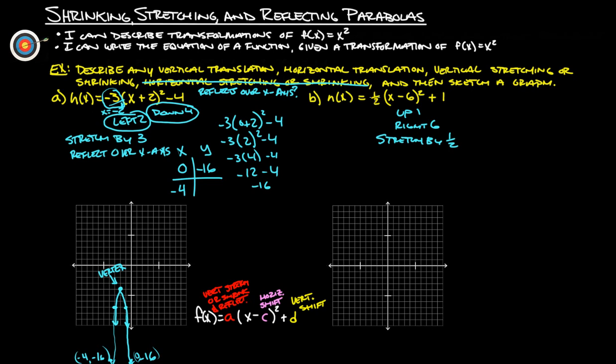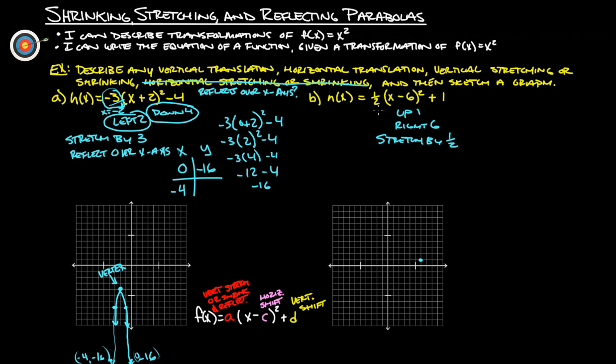So again, we'll just use this as our little slope business here. We're supposed to start here at 0, 0, but now we're shifting up 1 and to the right 6. So here's our new vertex.